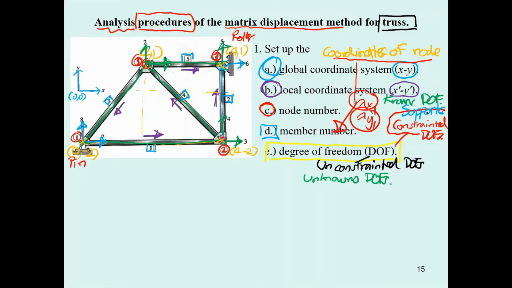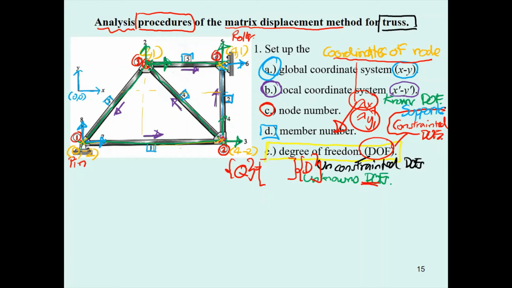Okay, and then based upon this, not only the known or unknown degrees of freedom, you are supposed to find another thing. The degrees of freedom will provide you with the force matrix. It's going to produce the displacement matrix.